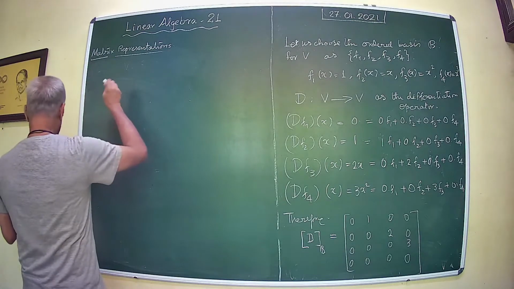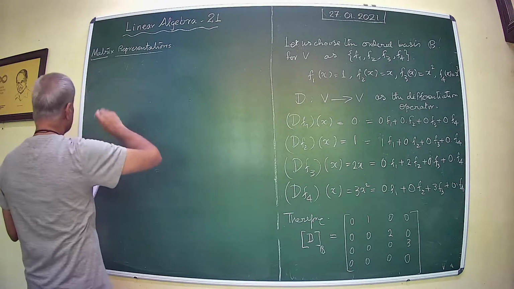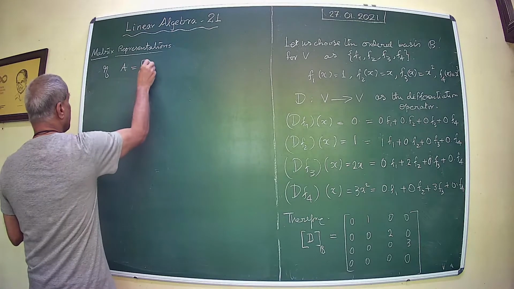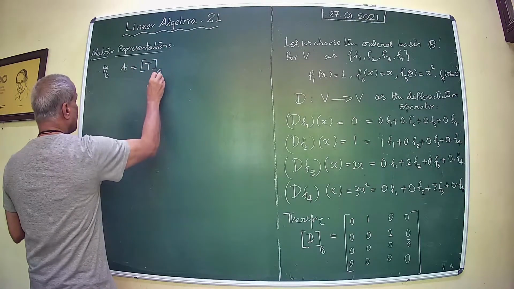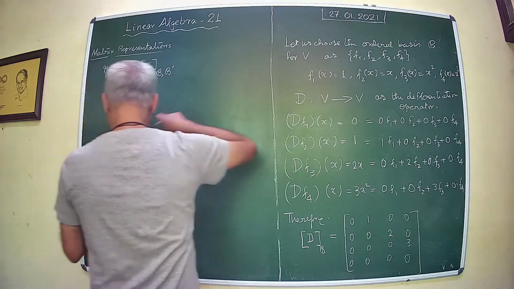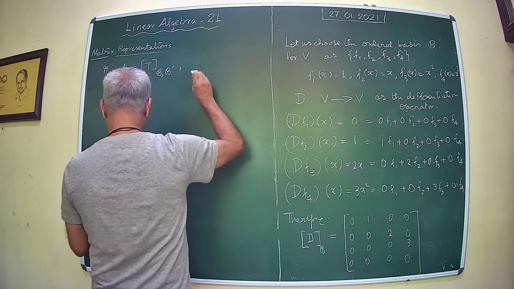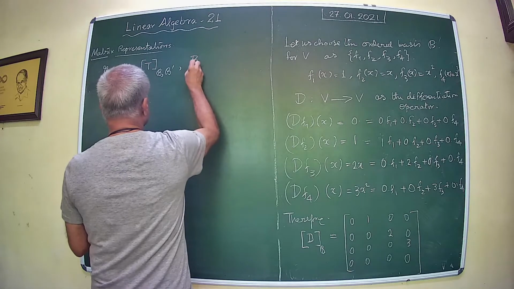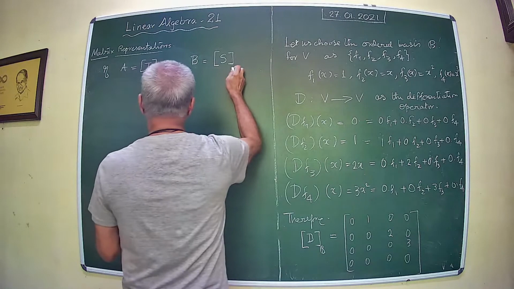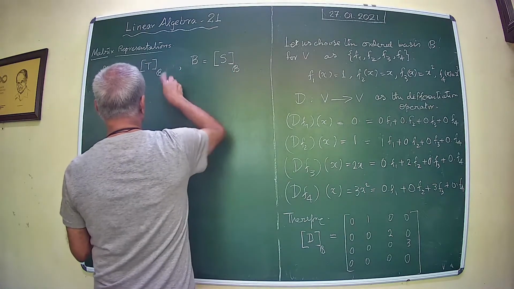Suppose V is a vector space, and A represents B prime and B represents, gives the matrix of S. Let me write here consistent.